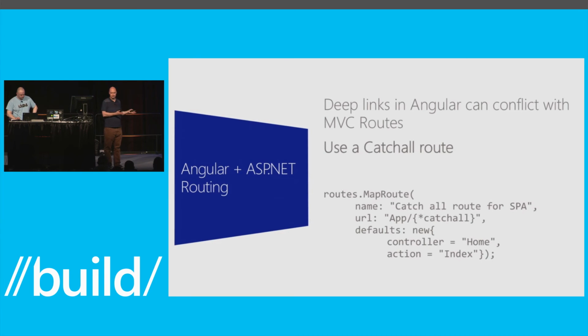Routing is available all throughout ASP.NET. But if you set a catch-all route, then you can say, direct everybody to the HTML page. And then on the client, everything will work because it sees that URL and Angular knows what to do with it. So the client routing engine will pick that up. That's all I really wanted to point out there.